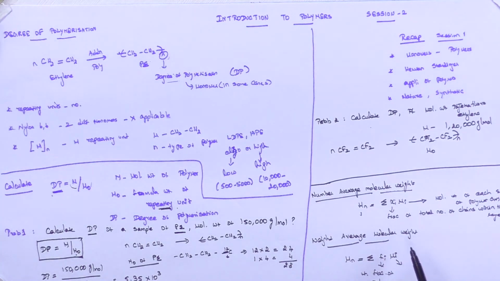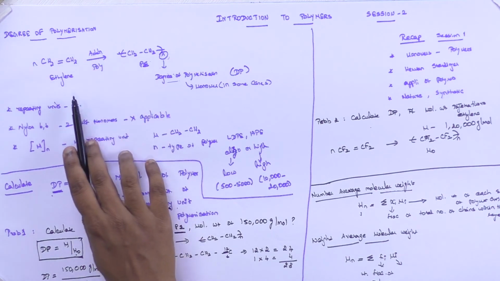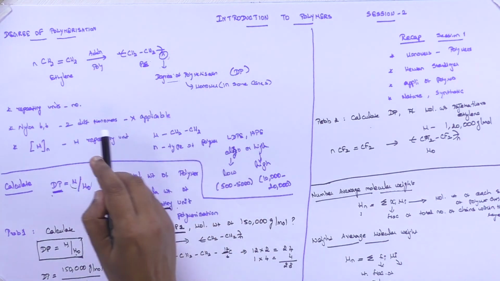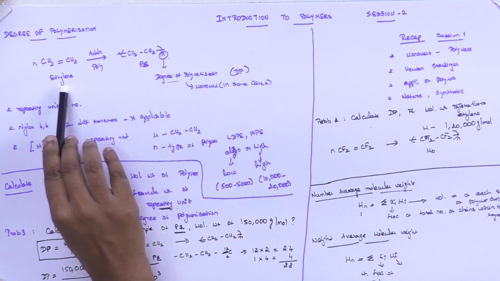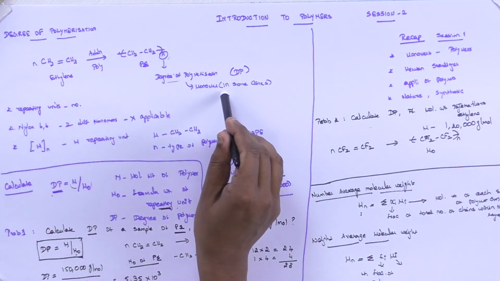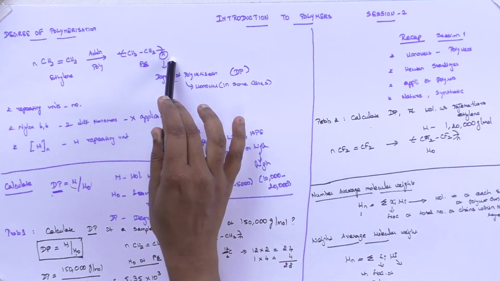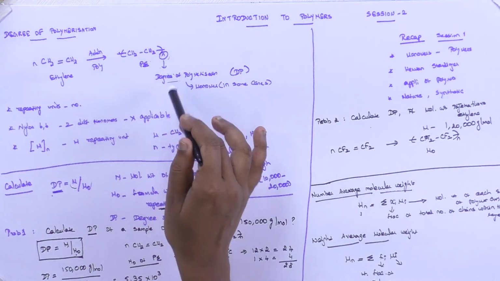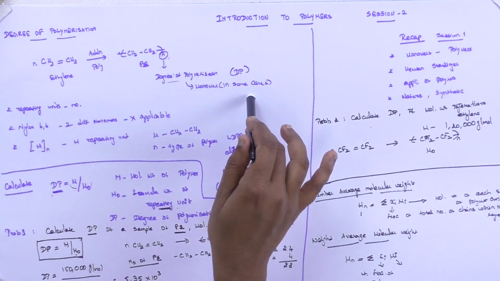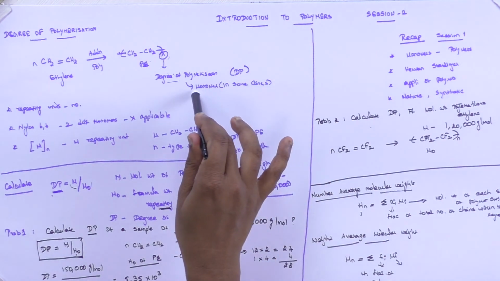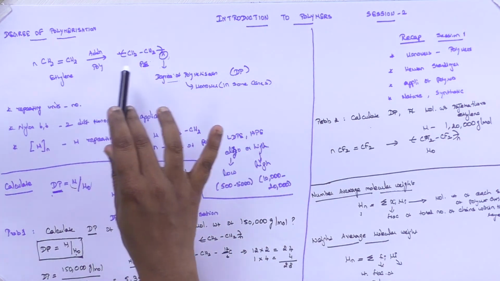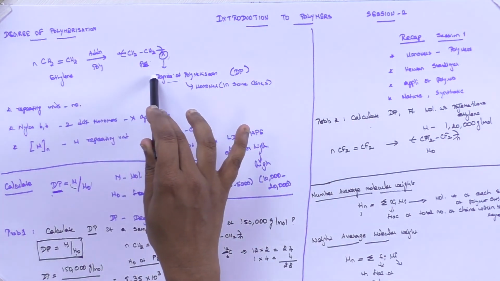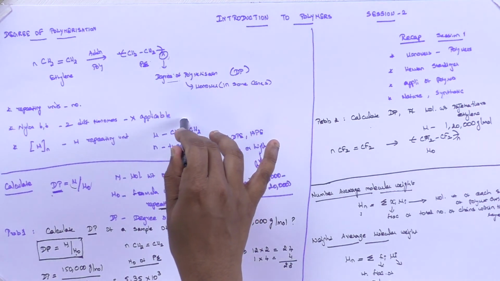Coming to the degree of polymerization, when you take ethylene conversion to polyethylene, the number of repeating units in a polymer chain is termed the degree of polymerization. For some monomers and polymers the repeat unit is similar, and in some cases it is not.